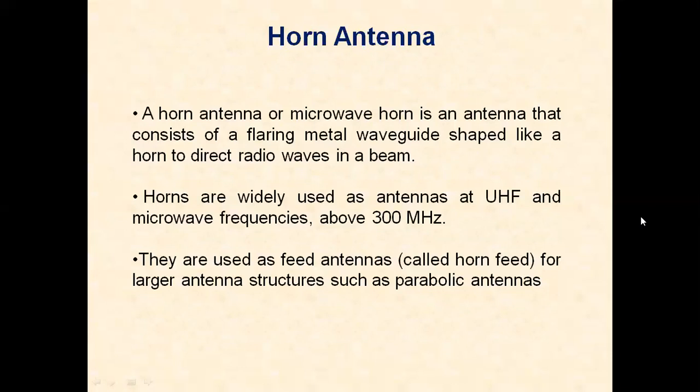So if the radiation is more than 300 megahertz, we can make use of this antenna for frequencies radiating into the space. They are used as feed antennas. Sometimes we call these horn antennas horn feed for larger antenna structures such as parabolic dish antennas.